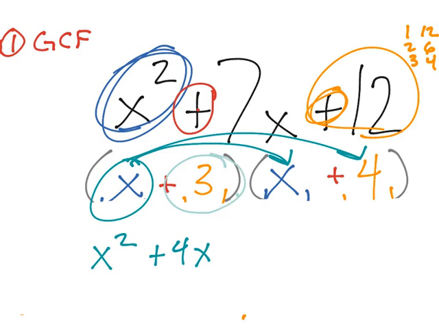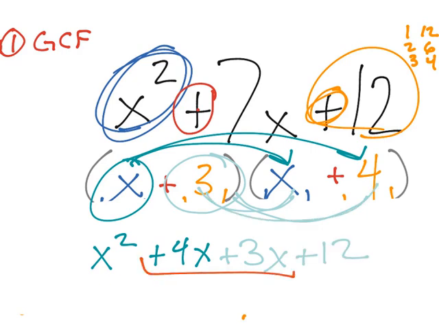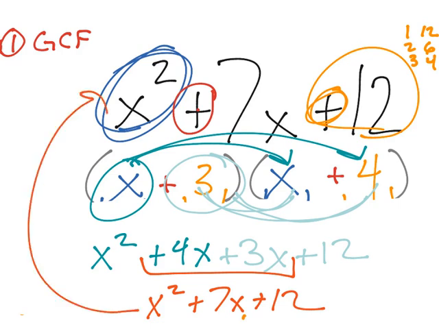Then I take my second term and I multiply it through. 3 times x is 3x. 3 times 4 is 12. When I simplify my like terms in the middle, I end up with x squared plus 7x plus 12. Because that is what I started with, I have factored correctly. That means my answer is x plus 3 times x plus 4.